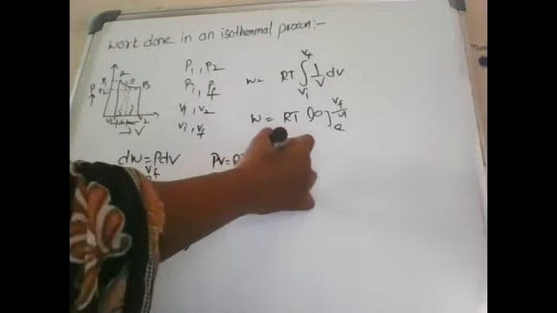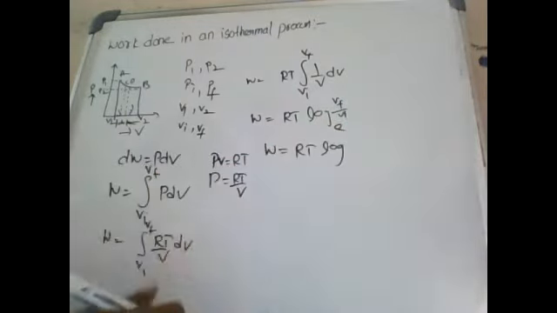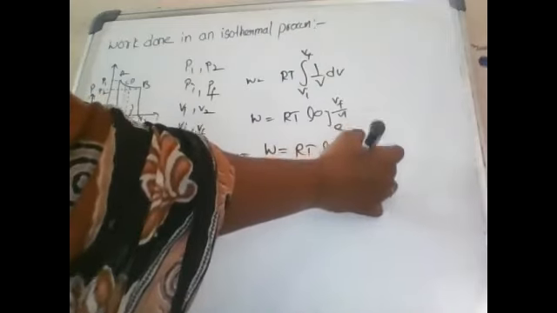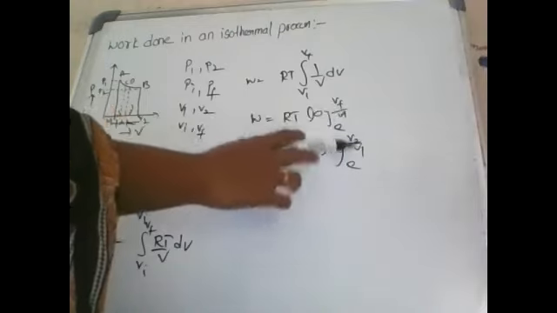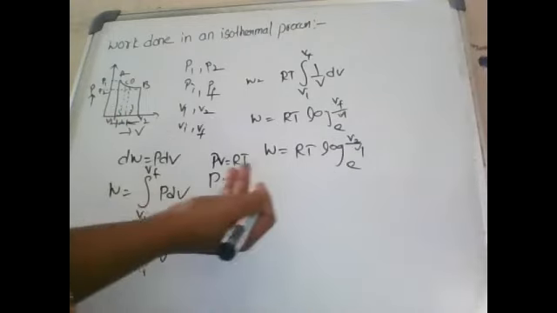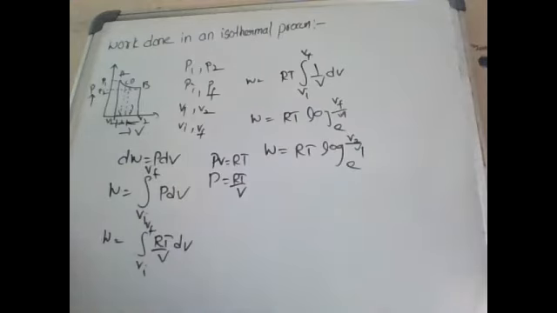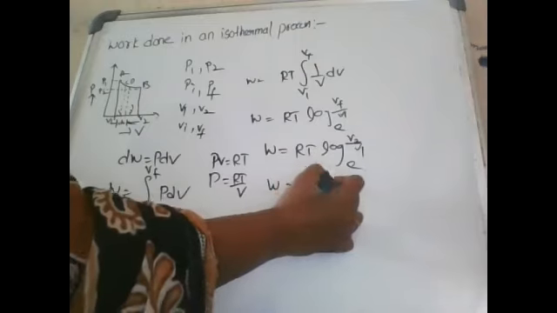Or we can write W equal to RT log V2 by V1 base e also. So this is the final state, this is the initial state. Here V2 by V1, base e. If we want to convert to base 10, then multiply with 2.3026.